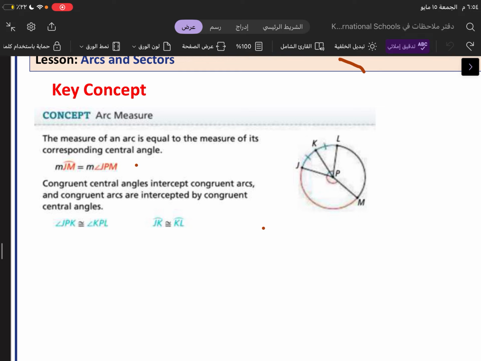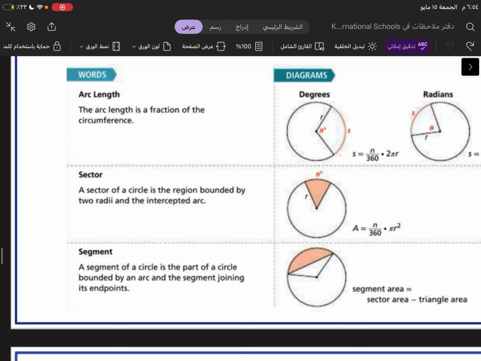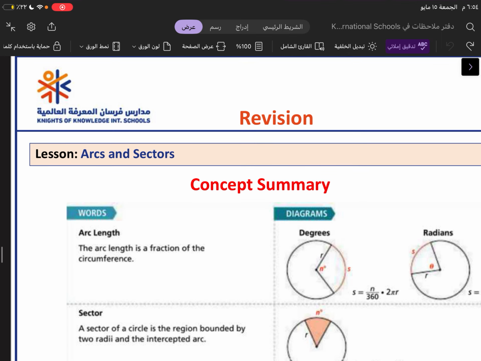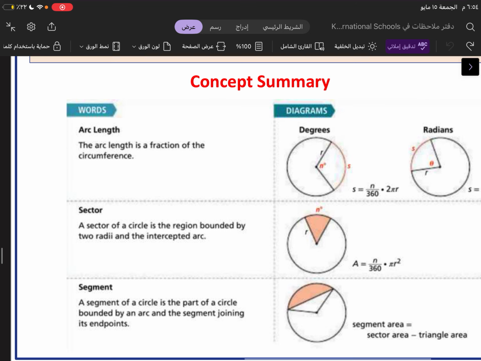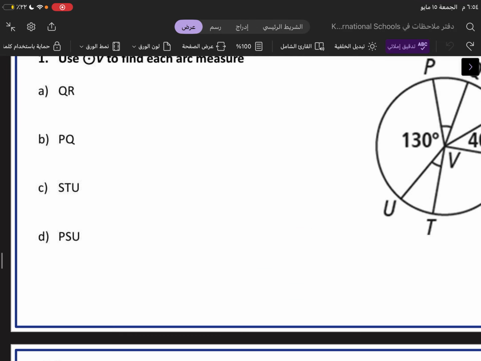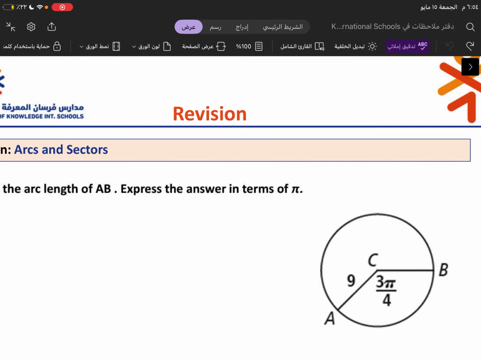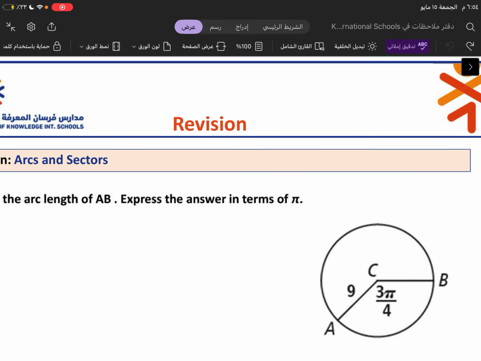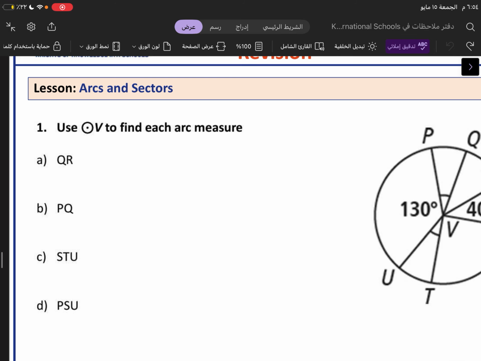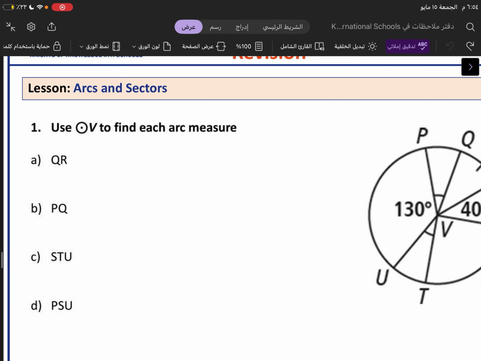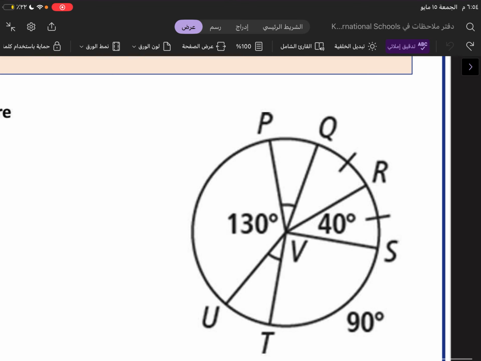Okay, let us start. Now, the first idea here is that we have to distinguish between the measure of an arc and the arc length, okay? See this example here, it asks you about the measure of arc, for example the measure of arc QR.